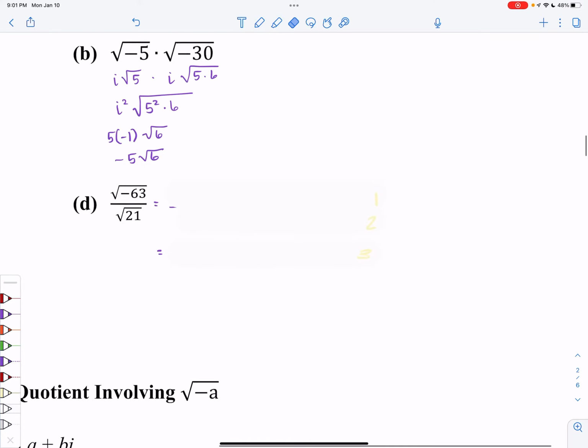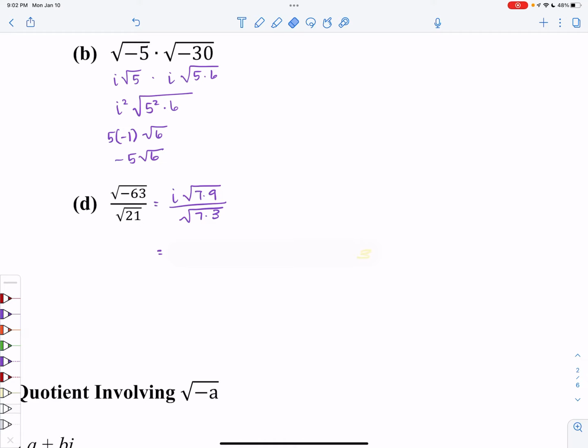All right, let's go ahead and just work D right underneath that. And then we'll slide over and get C here in just a moment. Take care of negatives first. You have your i times, and notice that I broke that up into 7 times 9. And I left the root 21 down on bottom, but I broke it into the square root of 7 times 3.